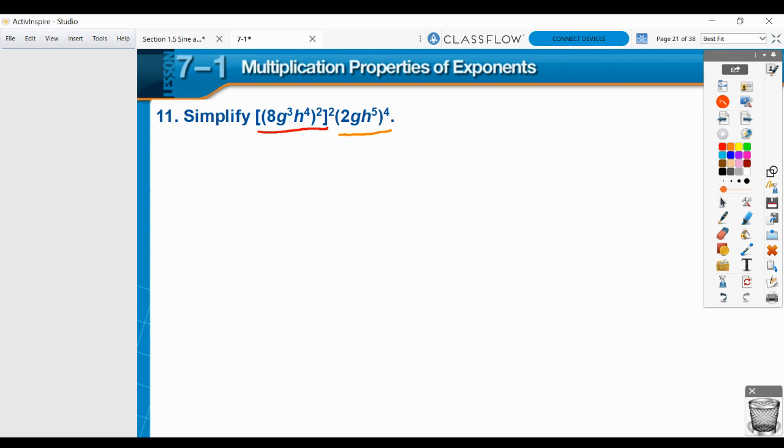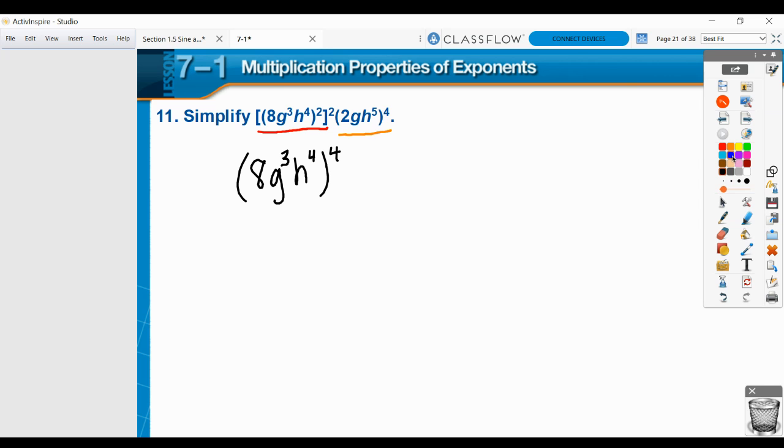So if we take a look at the first example with the bracket, here when we have the power to a power, the 2 times 2, you can actually put those together. So you would have 8 g to the third, h to the fourth, and you're raising it to a power of 4.